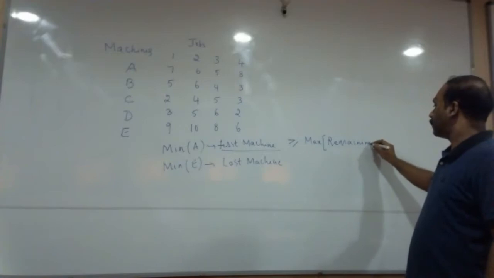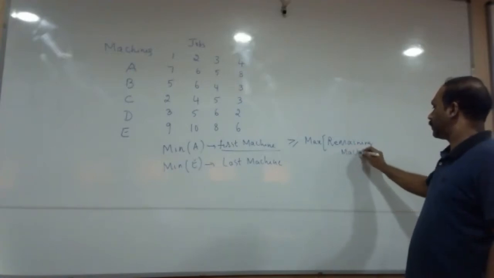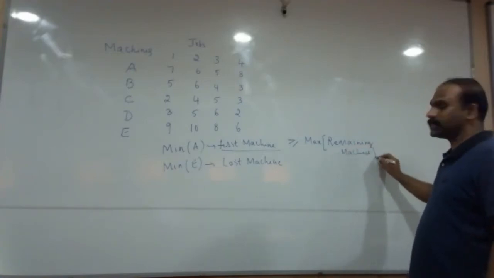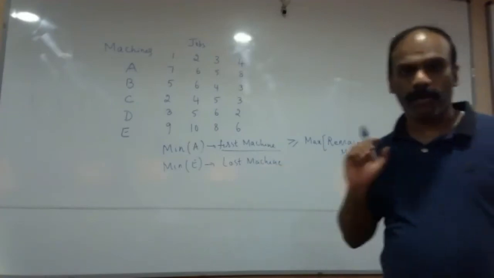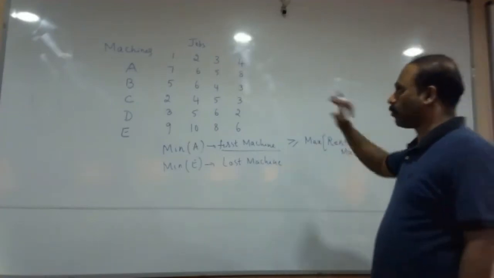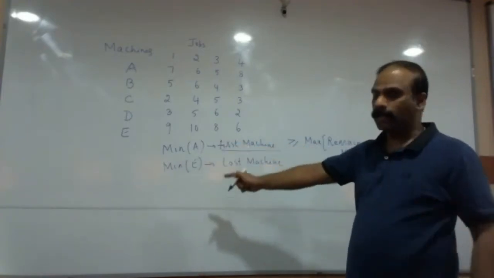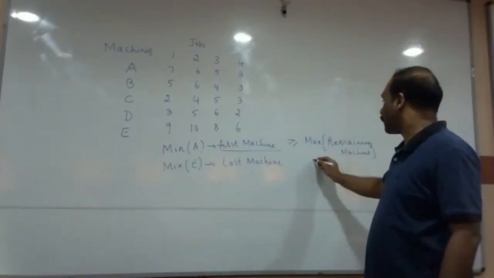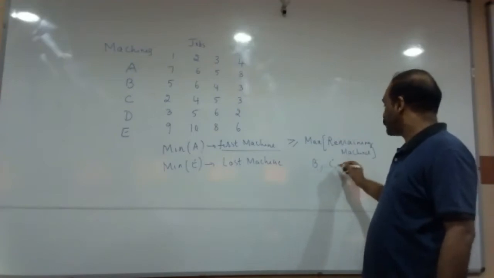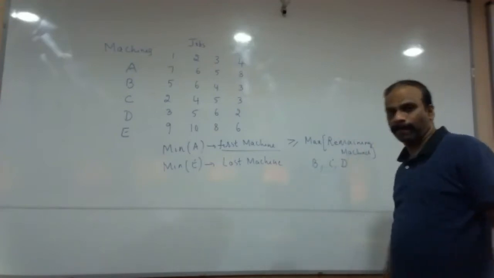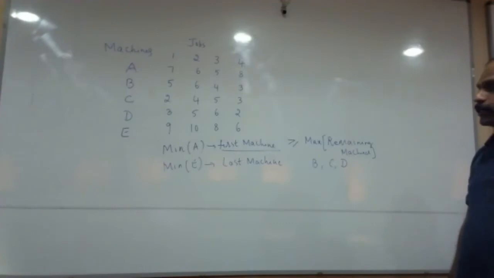This condition has to be verified in order to solve this problem. In this problem, the first and last machines are machine A and machine E, whereas the remaining machines are machine B, machine C, and machine D.